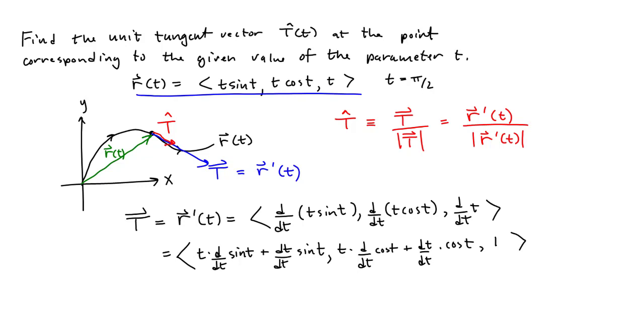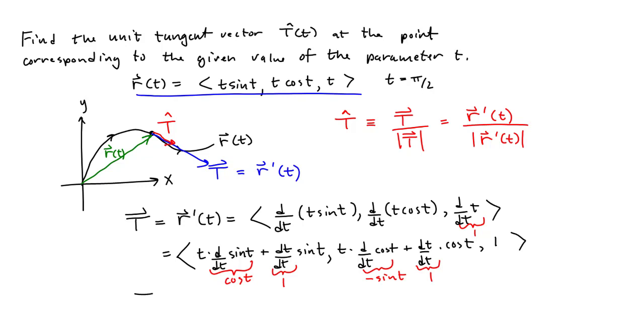Well, evaluating the derivative of sine of t ends up being cosine of t. The derivative of t with respect to itself ends up being 1, as I should have indicated here as well. The derivative of cosine of t is equal to minus sine of t, and the derivative of t with respect to itself is 1.